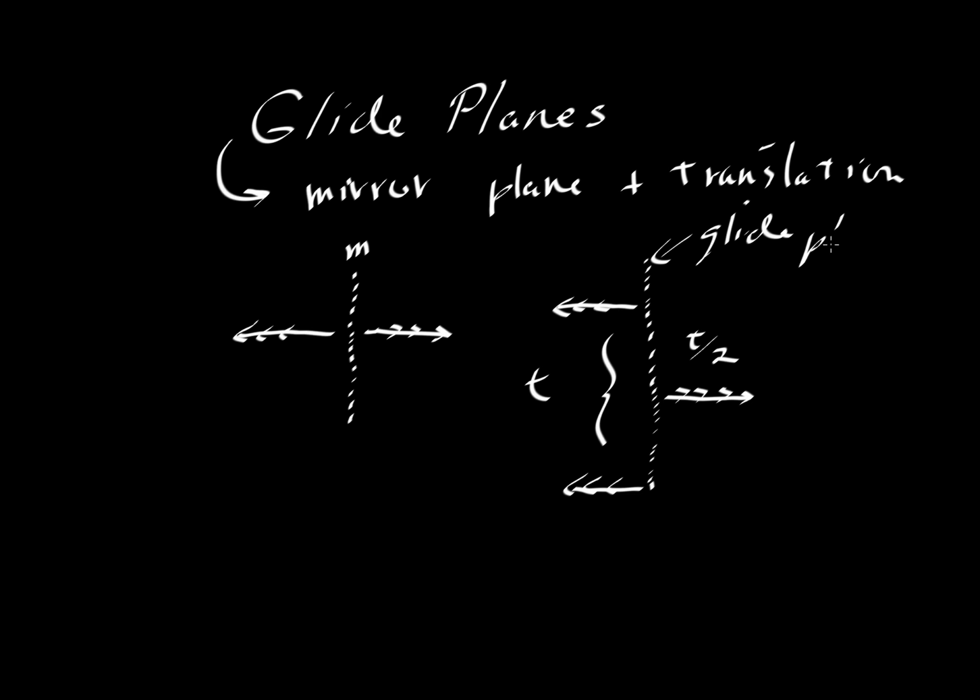But we're not going to call it g because we are going to be concerned with what direction that glide translation is happening in. So let's erase the chalkboard and go back to our standard way of setting up crystal axes with a front to back, b left to right, c up and down.